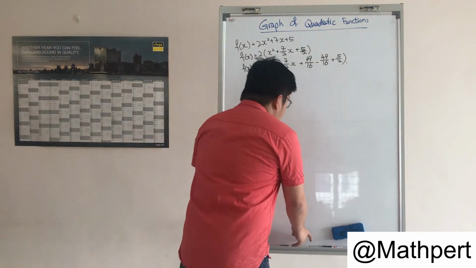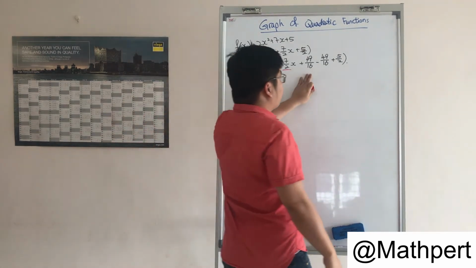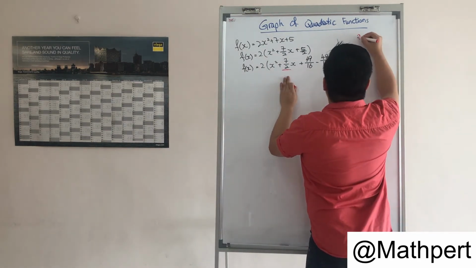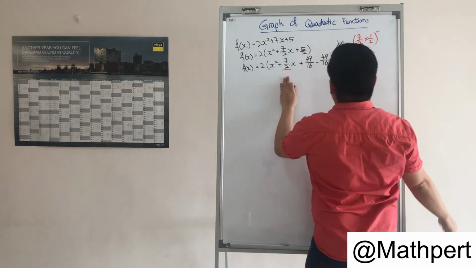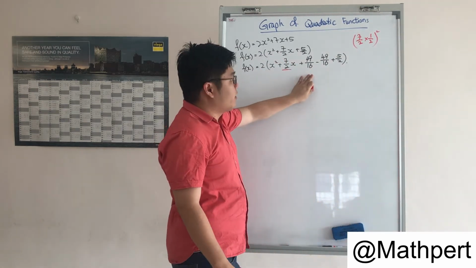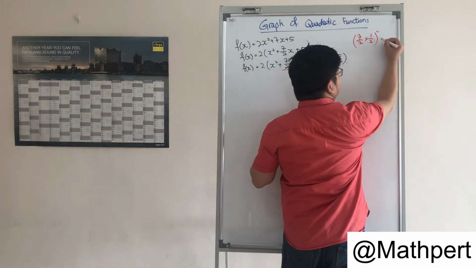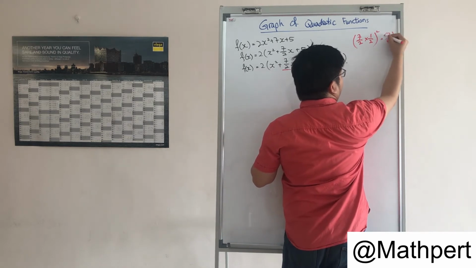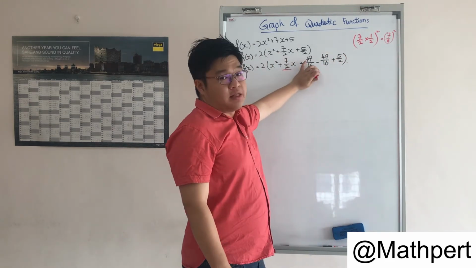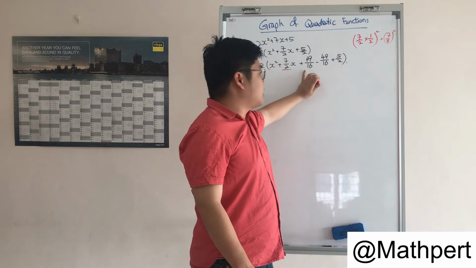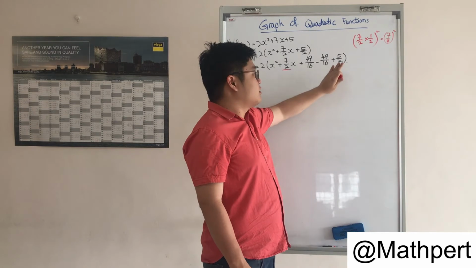It is from 7 over 2 multiply 1 over 2, the whole thing squared. 7 over 2 multiply 1 over 2 gives 7 over 4 squared. So 7 squared is 49, and 4 squared is 16.